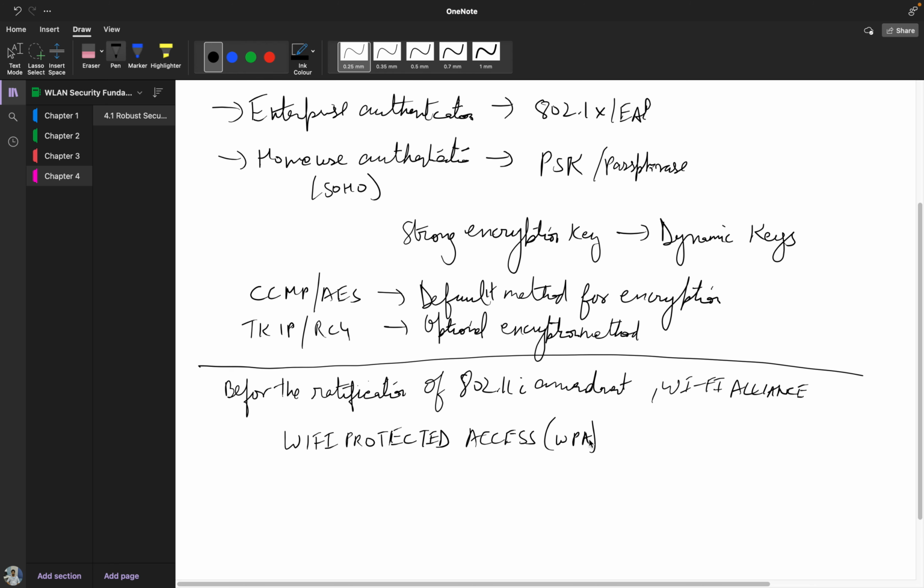This is more like a snapshot of the not yet released 802.11i amendment.